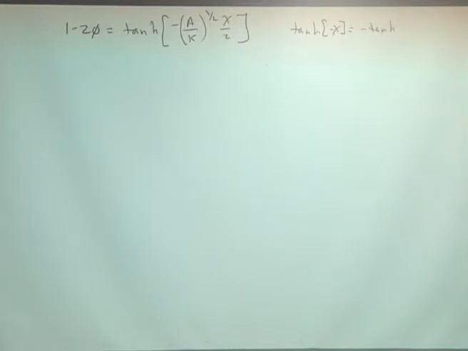It's an odd function of x. And so that gives you 2 phi minus 1 is going to be equal to the tangent of x divided by 2 delta, or phi is 1/2 of that plus 1/2.